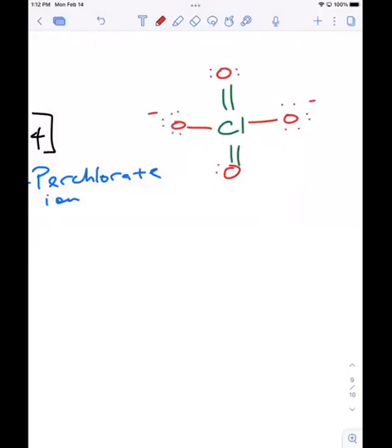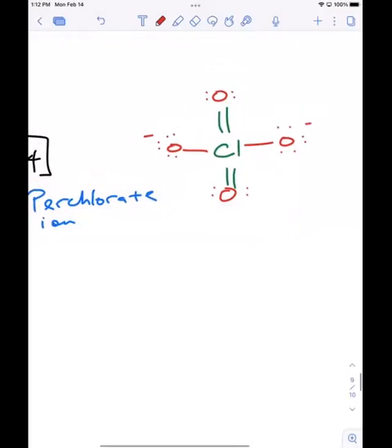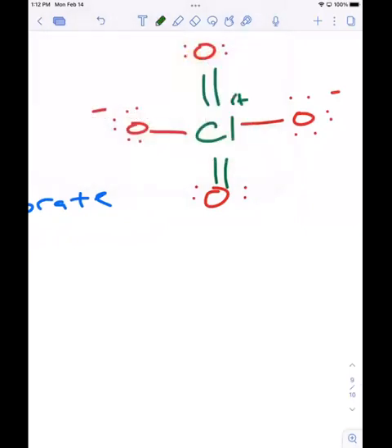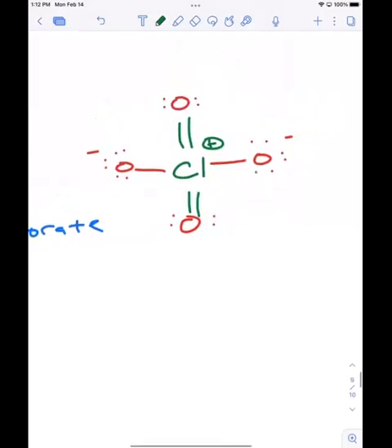But the electrons around oxygen give the oxygens that have single bonds a formal charge of -1. And then chlorine itself has a charge of +1. So overall, the perchlorate anion has an overall charge of -1 because the two oxygen charges add up to -2, and then the chlorine is +1. Any questions about that?